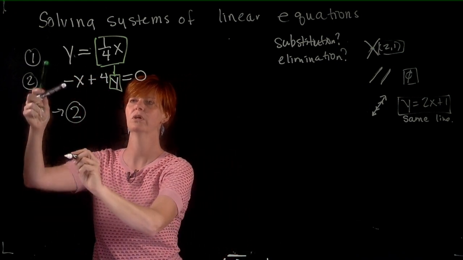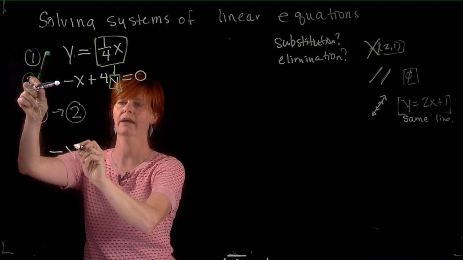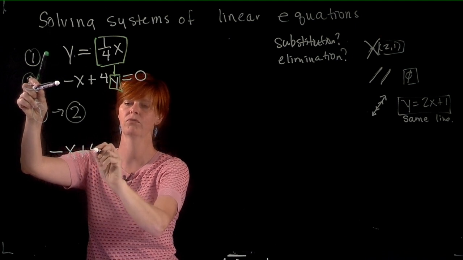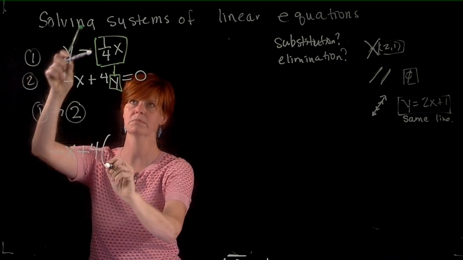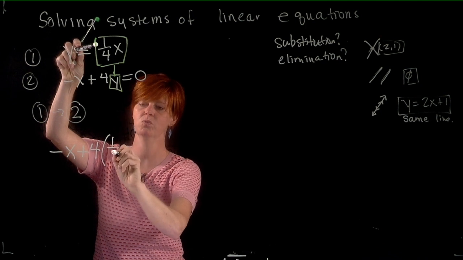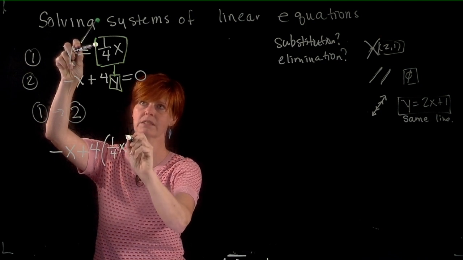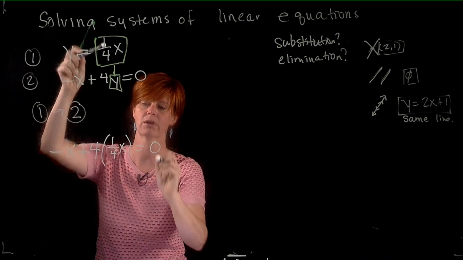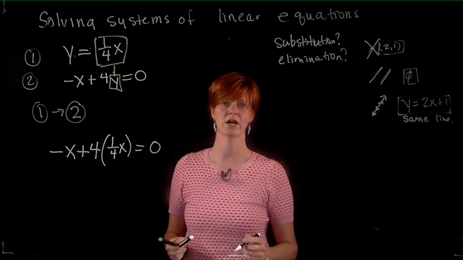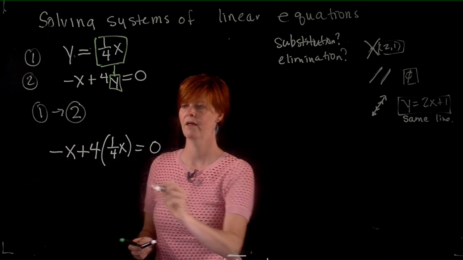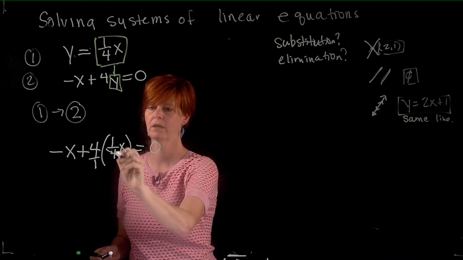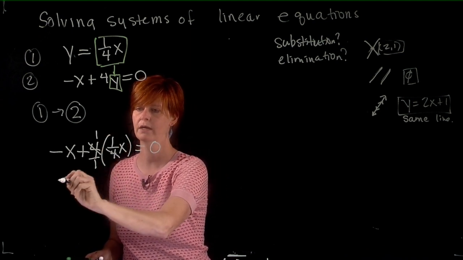If I do negative x plus 4 times, now I'm going to plug in equation 1, 1/4 x, equals 0. I'm then down to an equation with one variable. This is 4 over 1. 4 over 4 is 1.